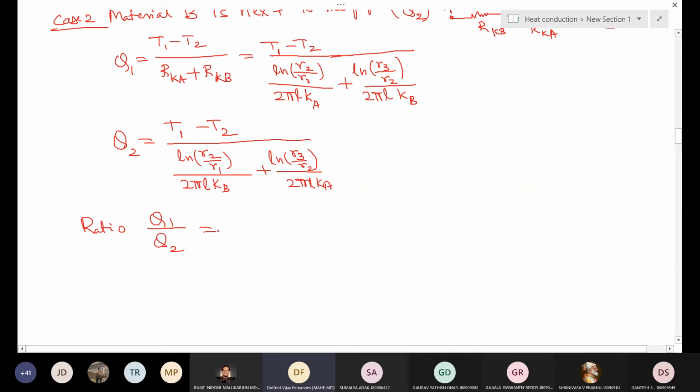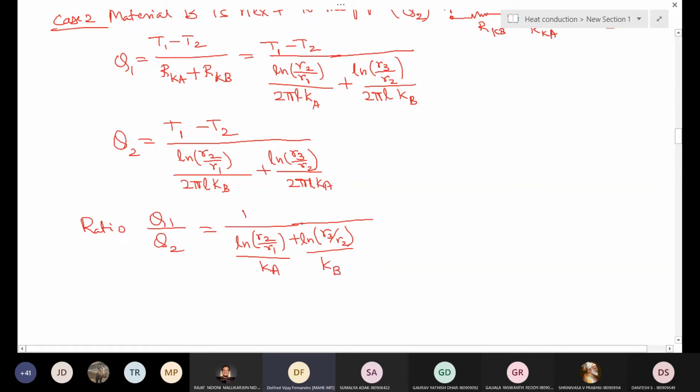So Q1, I can write it as 1 divided by ln R2 by R1 plus ln R3 by R2, and this divided by Ka, this divided by Kb.